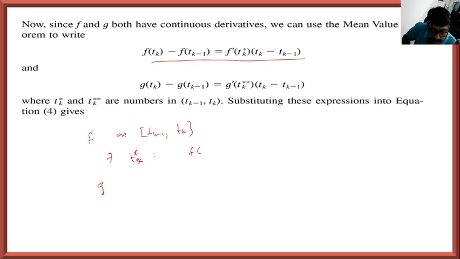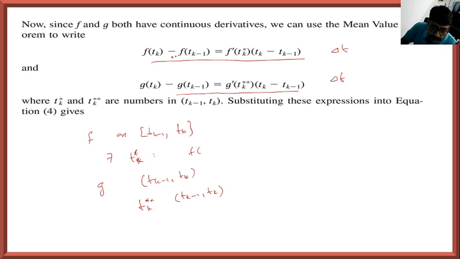Similarly, g is continuous and also differentiable in the interval t k minus 1, t k, and therefore there exists a t k double star in the interval t k minus 1, t k, satisfying the condition g of t k minus g of t k minus 1 is equal to g dash t k double star into t k minus t k minus 1. And t k minus t k minus 1 is nothing but delta t, the length of the interval that you have taken.